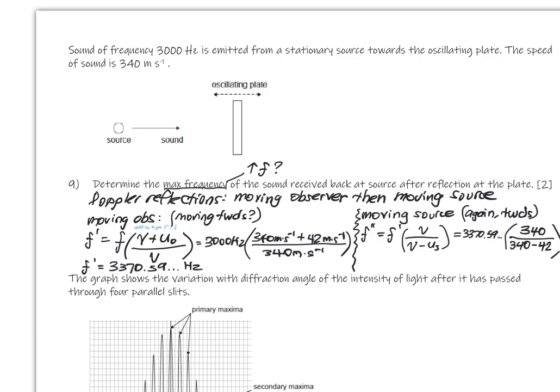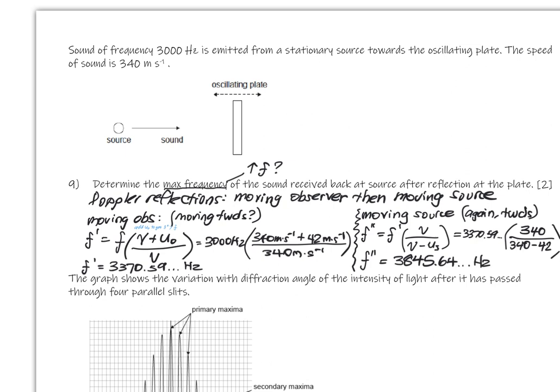Okay, so the first shift gives us an f prime of 3370 and change hertz. Then using that f prime with the moving source from the reflection, using that 3370 as f prime and shifting it again the second time, we get 3845 and change hertz.